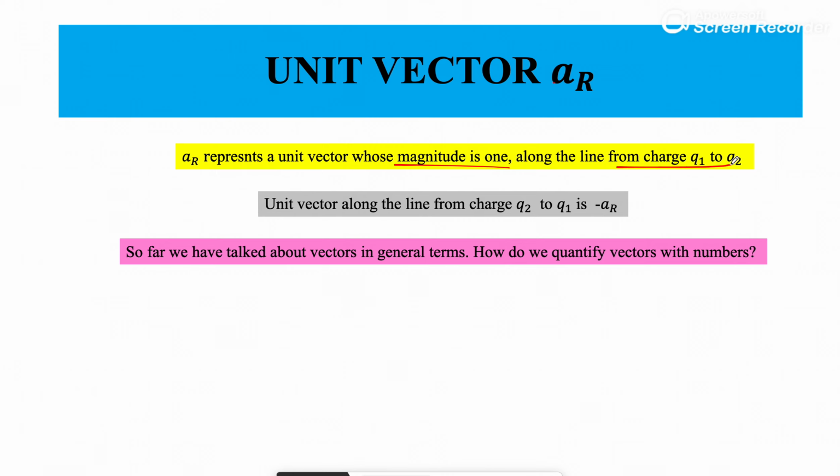If you want to specify a unit vector along the line that joins Q2 and Q1, that is a vector originating from Q2 and going back to Q1, suppose you have Q1 and Q2 and you are considering the force on Q2 by Q1, then it is given by aR.